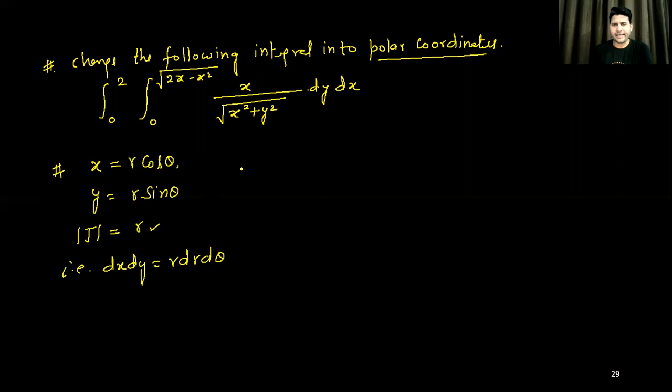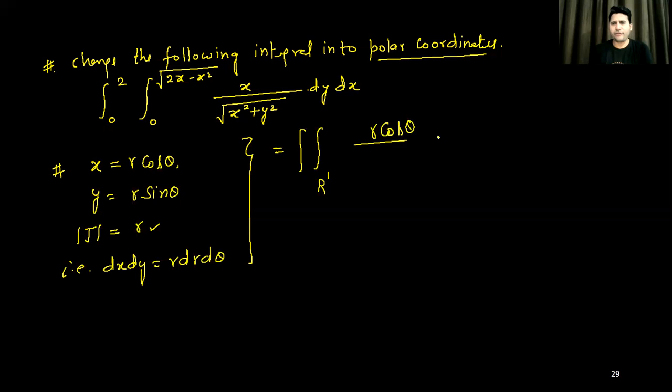in polar coordinate. So now let us see how this integral will look after changing it into polar coordinate. As we have discussed, changing the variable means what? We are changing the region of integration. Now I'm just writing the new region as R dash. For x, we have x equals r cos theta.